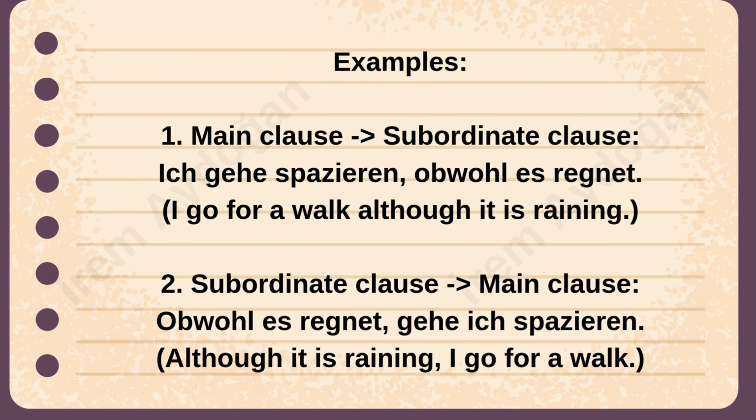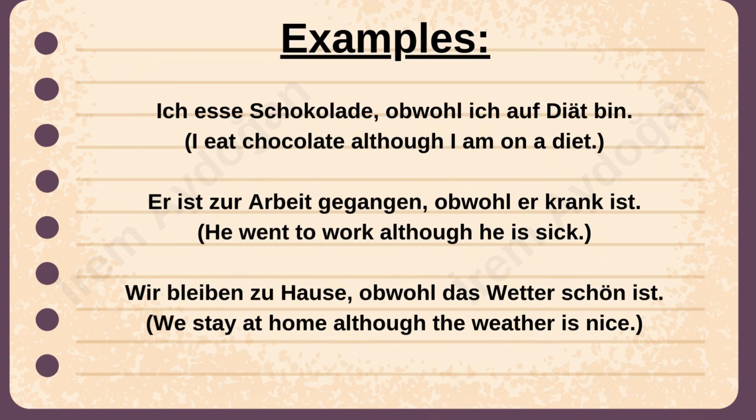And the next example, ich esse Schokolade, obwohl ich auf Diät bin. I eat chocolate, although I'm on a diet. And the next one, er ist zur Arbeit gegangen, obwohl er krank ist. He went to work, although he is sick.